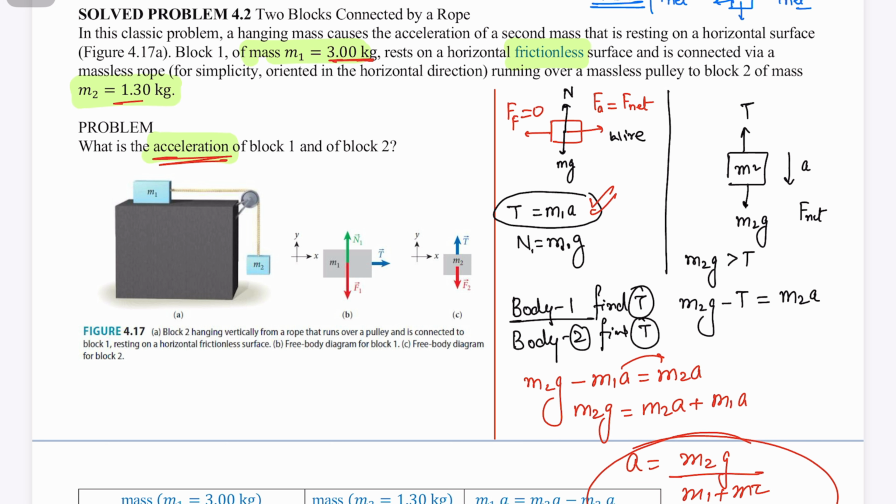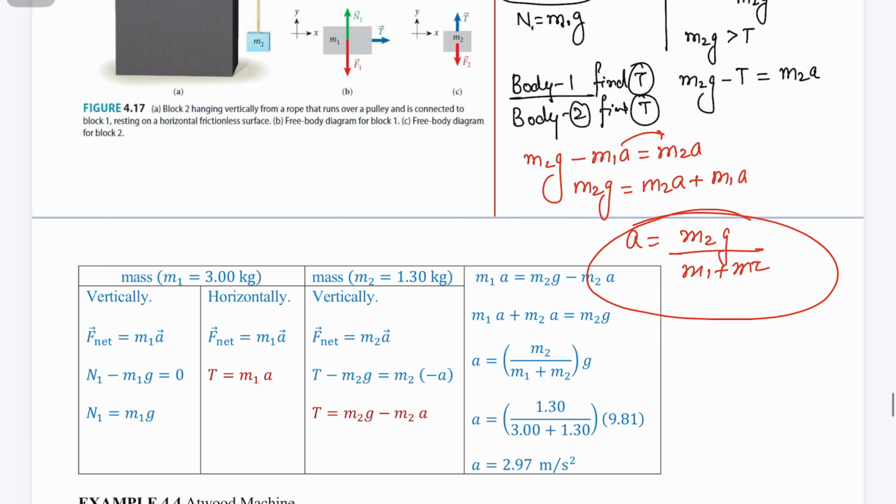M1 is 3 kg, M2 is 1.3 kg. So now just place the values and solve it. We have 1.3 divided by 3 plus 1.3, multiplied by 9.8. So acceleration is 2.97 meters per second squared. Clear? Okay, easy.